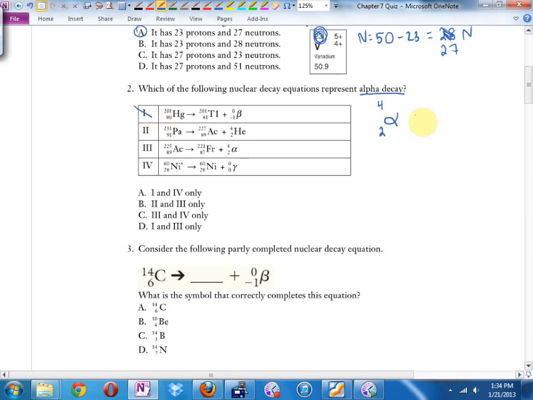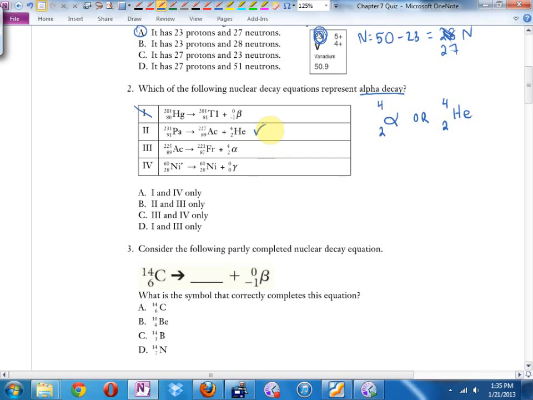We said that an alpha particle was identical to a helium nucleus, and that's on your green sheet as well. It says you can write an alpha particle either one of those ways. I like the alpha symbol because it's nerdy, but helium nucleus is in some ways, in terms of the chemistry, nicer because it tells you where the heck your alpha particle probably came from. So this is alpha decay.